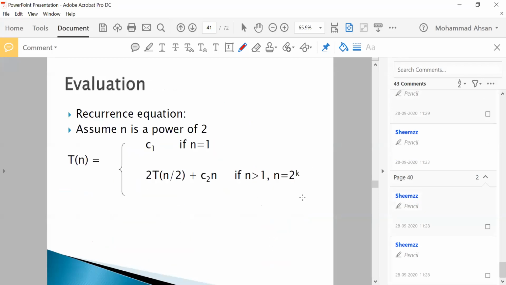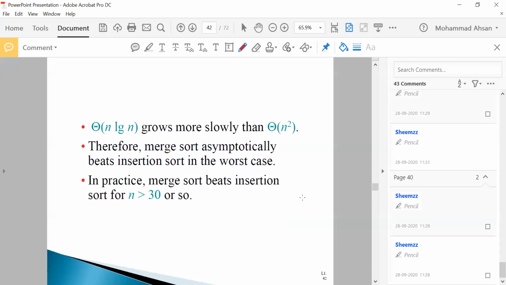So n log n grows slower than n square. If you remember that graph, you have n log n, and then n square. So merge sort beats insertion sort in the worst case. In practice, they have seen that when n is greater than 30, it is always the case. So basically that is your n0 in this case.